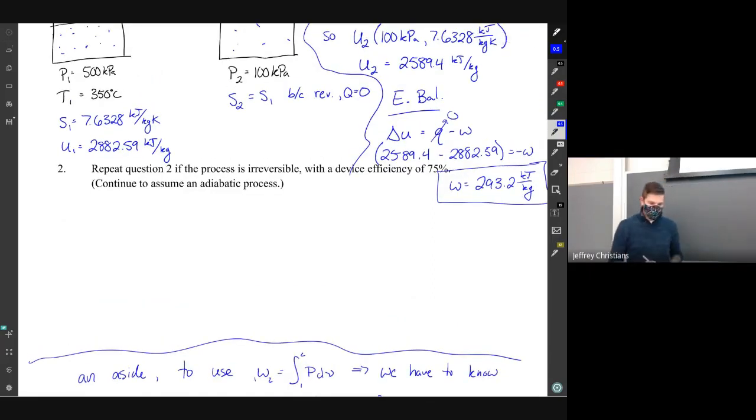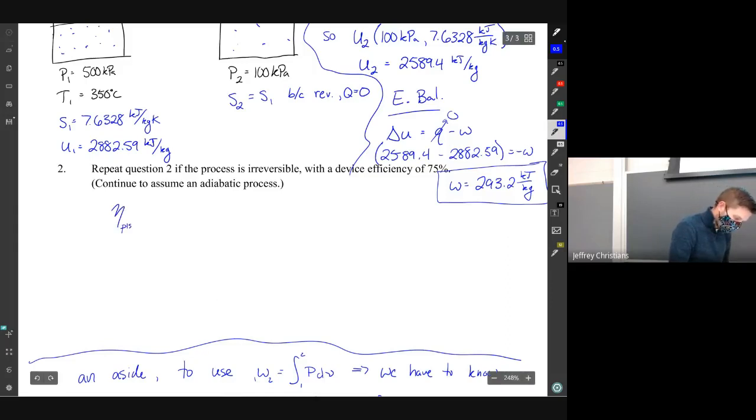Question 2, again, how would we do this before? Well, if the process above is irreversible with a device efficiency of 75%, we would first solve for the ideal work. We just did that, 293. Then we would use the efficiency of the piston, which is work real over work ideal.